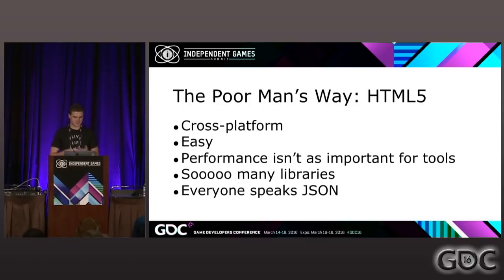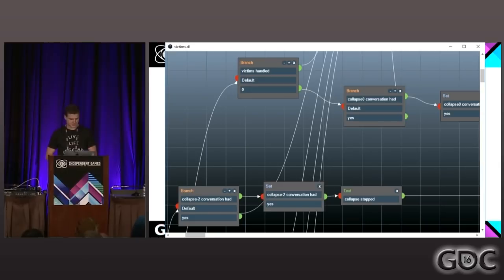Cross-platform, easy to do. Performance I don't really care about because it's just a tool for creating things, so it doesn't have to run super fast. JavaScript has so many libraries, it's insane. And everyone speaks JSON, so you have a really easy to read format coming out of HTML5. So this is what I came up with.